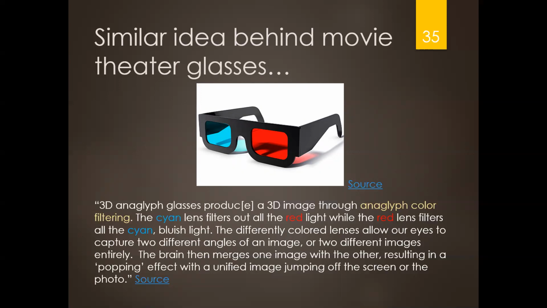They are filtering out different colors to implement stereopsis to simulate our eye system. But the problem of this type of glasses is that you cannot tilt your head. If you do that, the 3D effect will disappear.